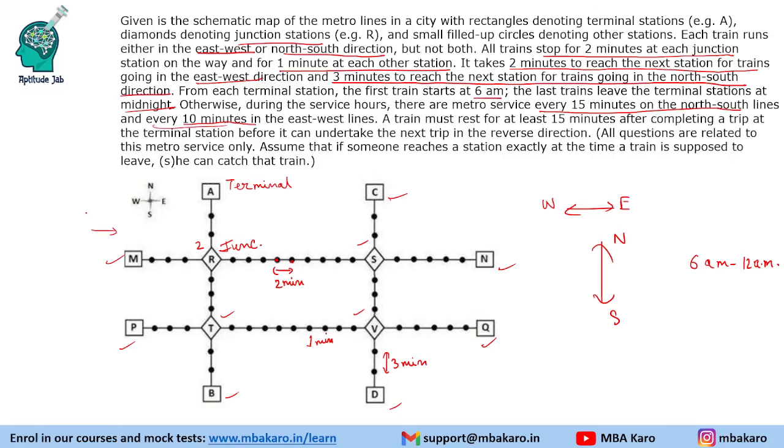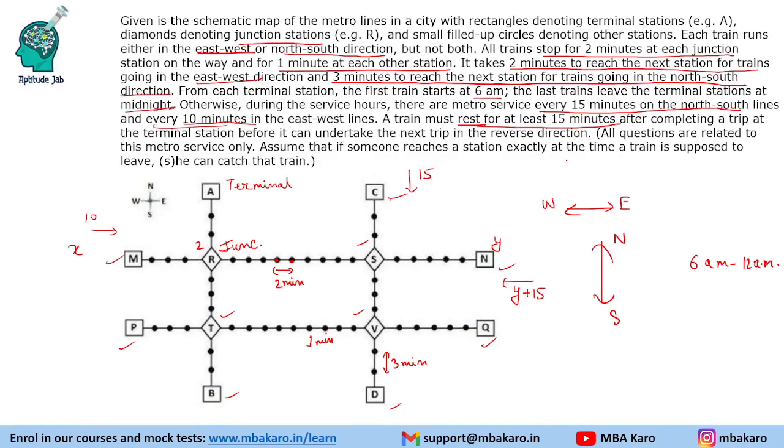So every 10 minutes, you will see a train going here, and every 15 minutes, you will see a train going in this direction. A train must rest for at least 15 minutes after completing a trip at the terminal station before it can undertake the next trip in the reverse direction. So suppose a train starts from this point P at time X and reaches here at time Y, it can return only at Y plus 15.